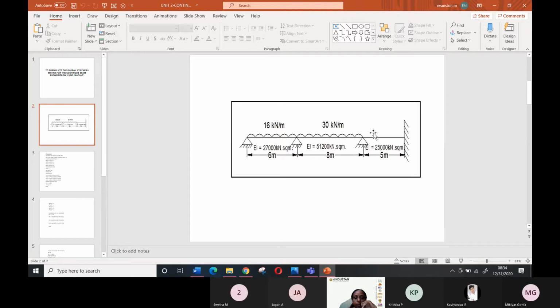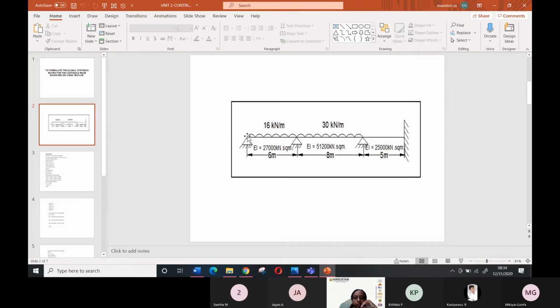The first thing is the number of members, how many supports are there, how many supports are restrained, how many joints are there. Then only the computer will understand. So all the details you have to incorporate, including the value of EI for each member and the length of the member.